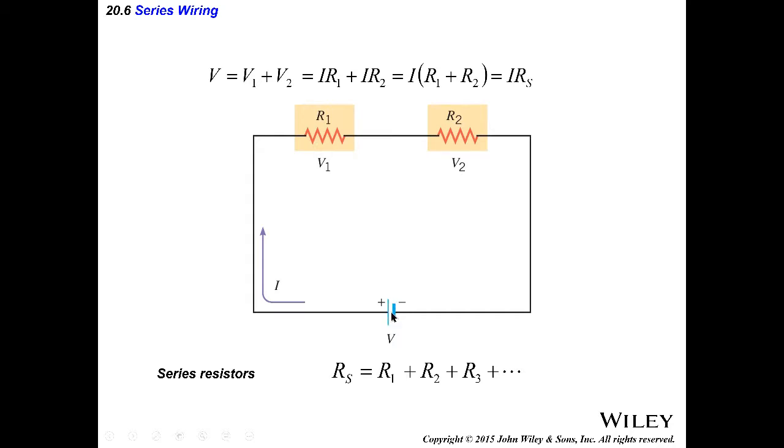My battery has an overall voltage of so many volts. Therefore, since V is equal to V1 plus V2, the resulting overall resistance is simply R1 plus R2. So this is the very simple formula. For series resistors, it is simply R1 plus R2 plus R3 plus R4. If I have a string of lights and they were all in series, then the total resistance is the sum of them.